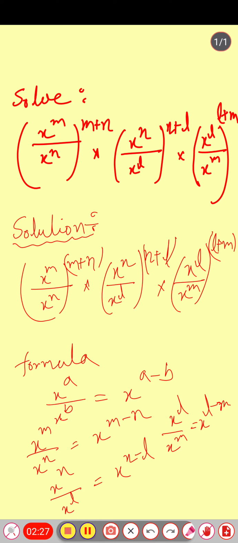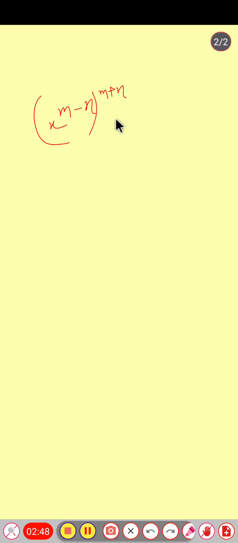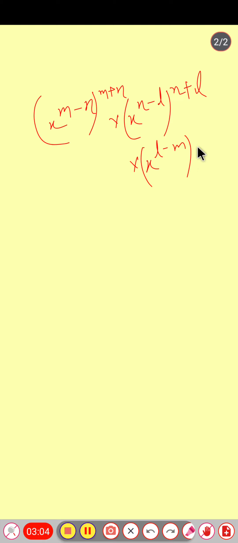Okay, so now we can rewrite this equation in simpler format. So how can I write? So first it will be (x^(m-n))^(m+n) into (x^(n-l))^(n+l) into (x^(l-m))^(l+m).